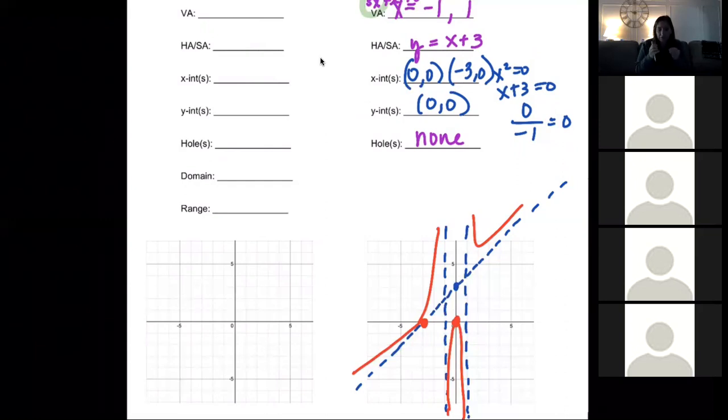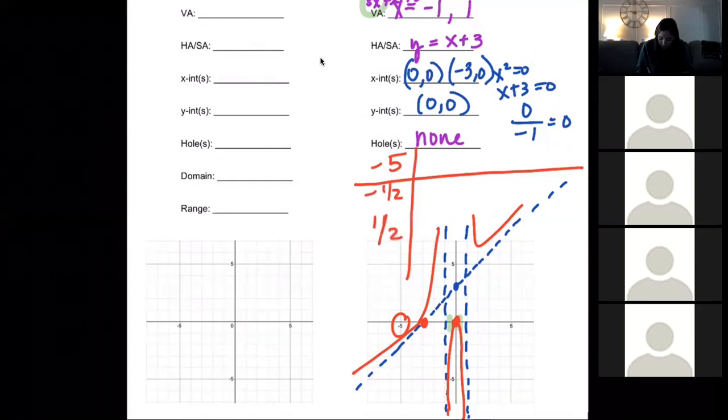But if you want to be 100% sure, then you could test one on each side of 0 in the middle. So I'm going to test, let's say, I know what it's doing at -3. So let's try -5. Then in the middle section, let's say -1/2 and +1/2.